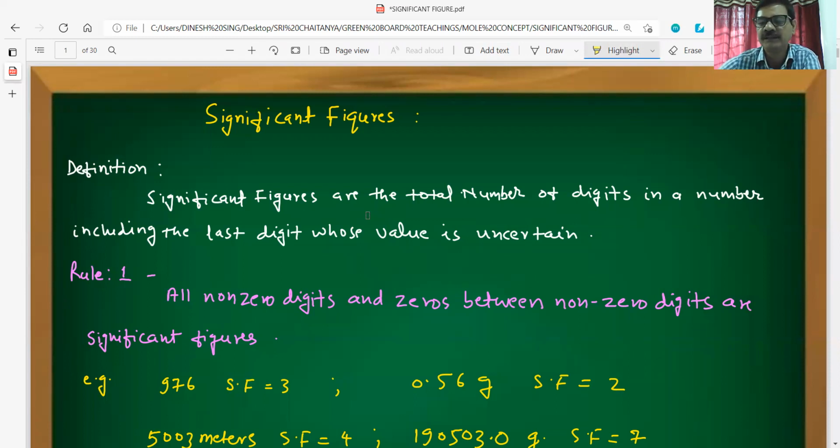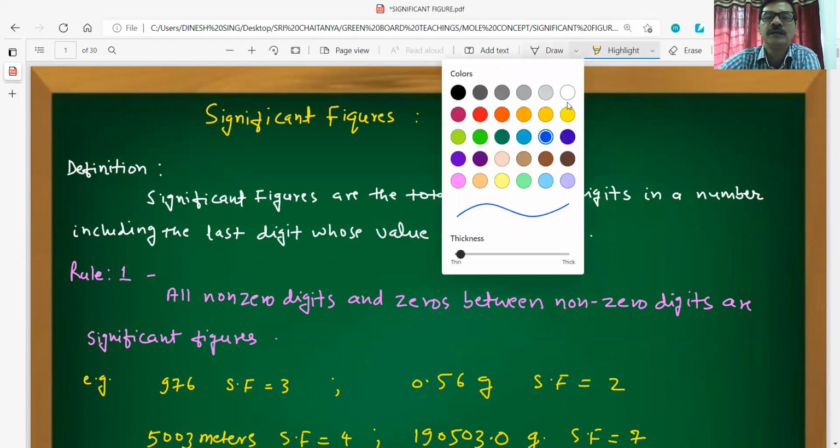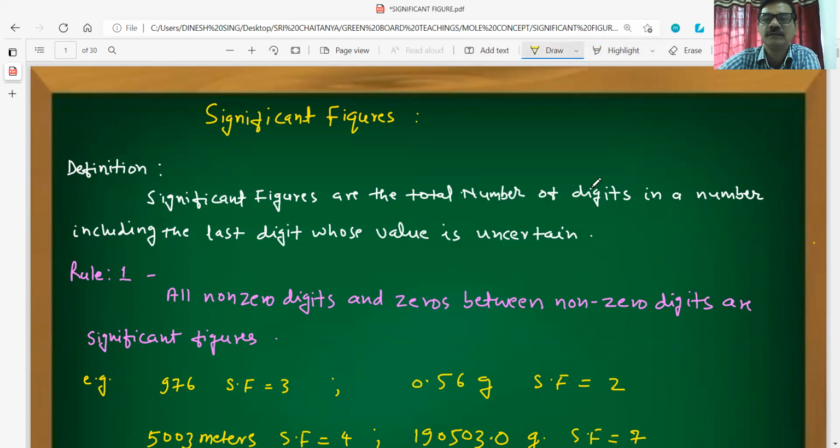If we see the definition of significant figures, significant figures are the total number of digits in a number including the last digit whose value is uncertain.